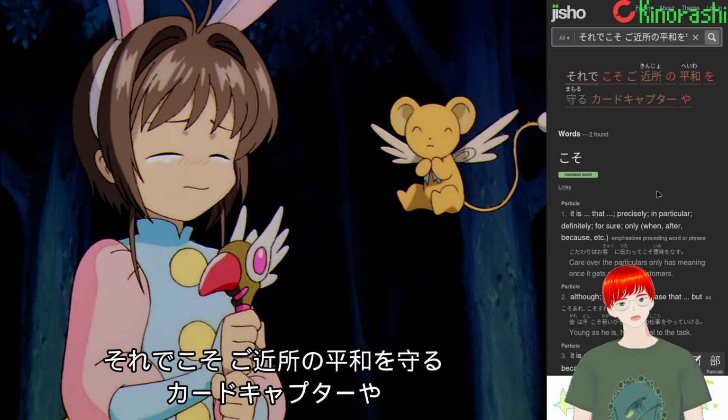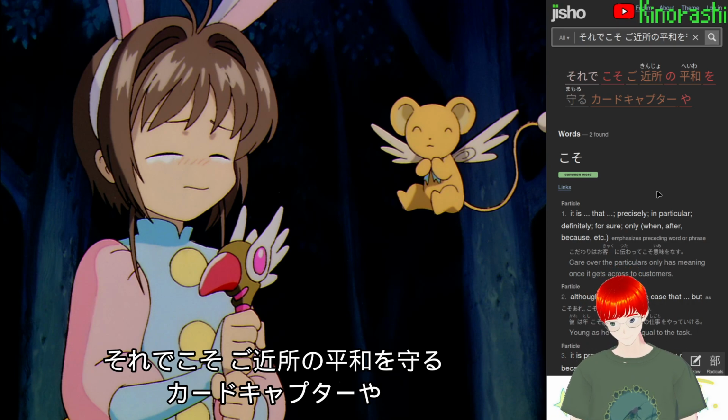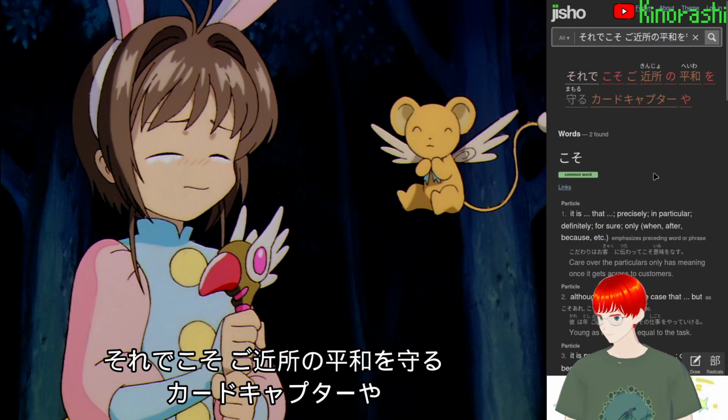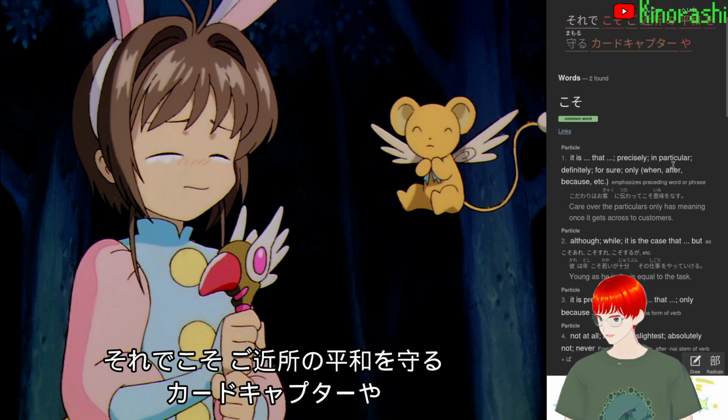Yeah, okay. So koso is a particle that is used for referencing something that was just said.